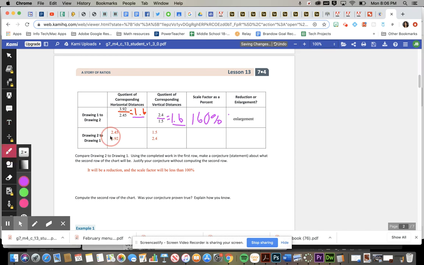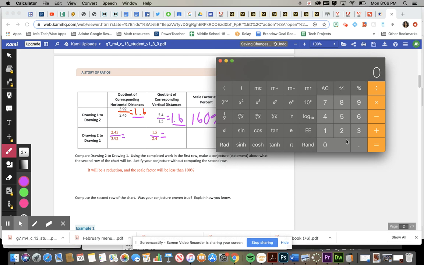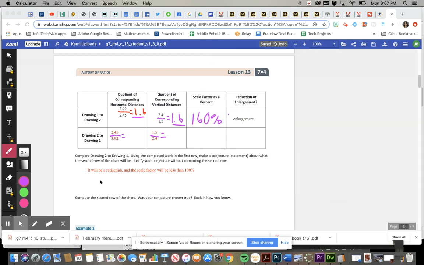And we'll check these out with our calculator. Okay, 2.45 divided by 3.92. It's going to be kind of a long number, but 0.625, or 0.61, and I'm just going to round it off there. So 0.61.